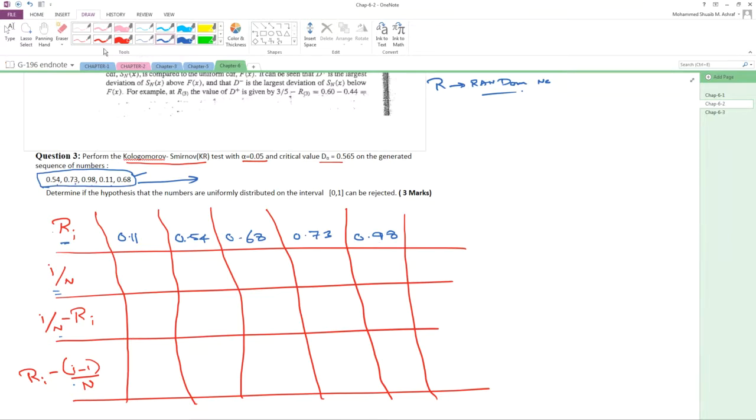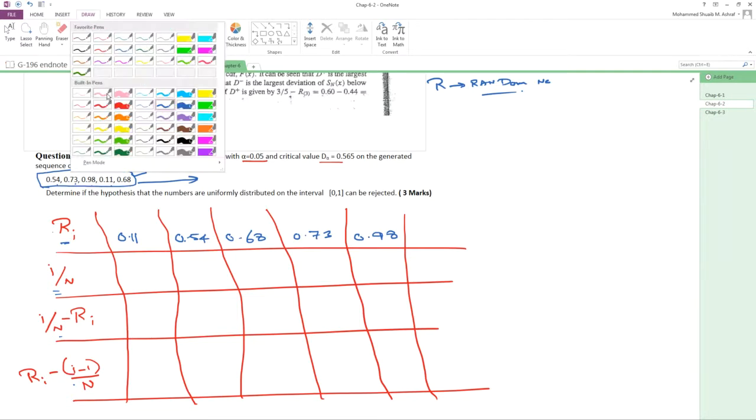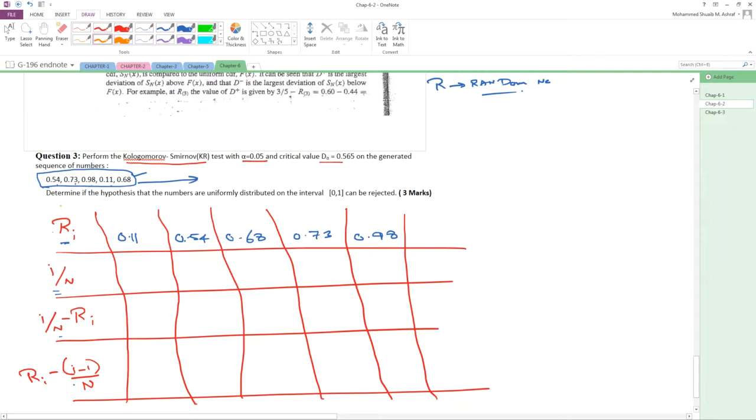Okay, now step number 2, this is a very important step. Here I starts from 0, 1, 2, 3, 4. Now tell me, I divided by n.